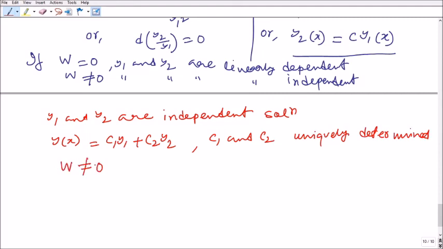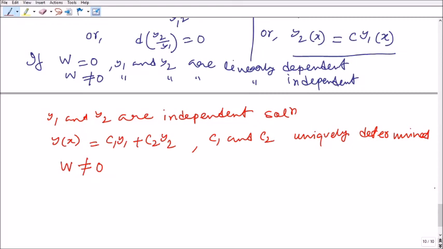So these two conditions are satisfied simultaneously. So if y1 and y2 are independent solutions, then c1 and c2 can be determined uniquely, and so w is not equal to 0. So in this way they are linked to each other.